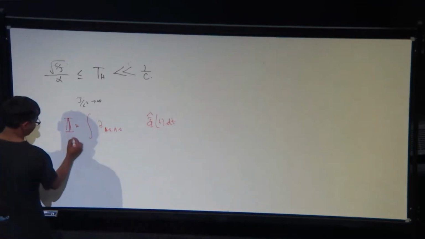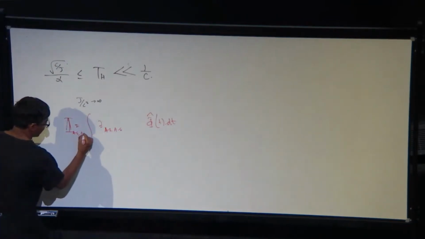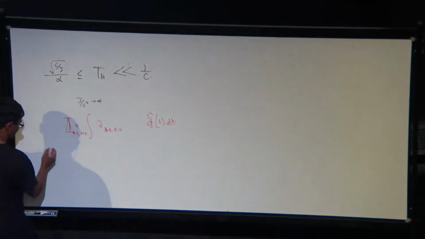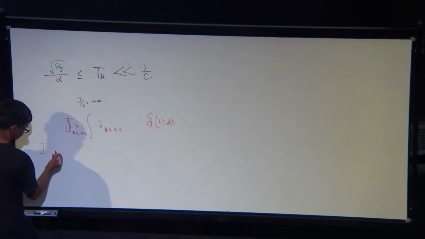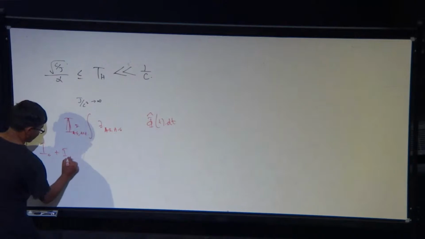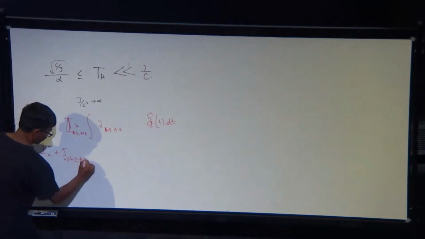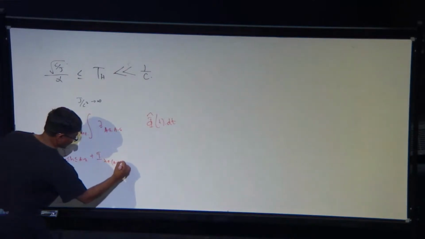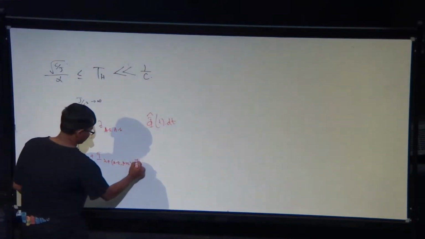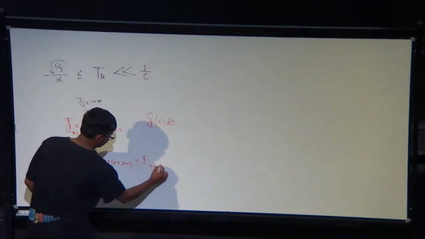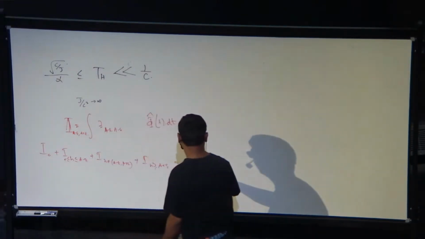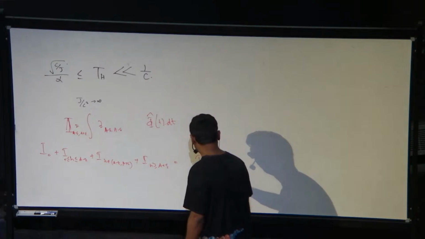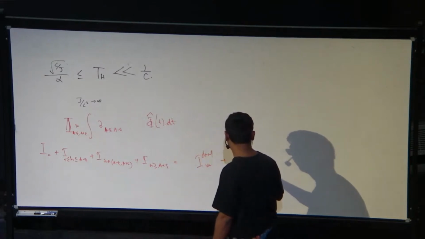So if I write it down as I of a minus epsilon, a plus epsilon, then the statement about modular invariance is I0 plus I h in the range a minus epsilon to a plus epsilon plus I h greater than a plus epsilon is the dual channel vacuum contribution plus the non-vacuum contribution.